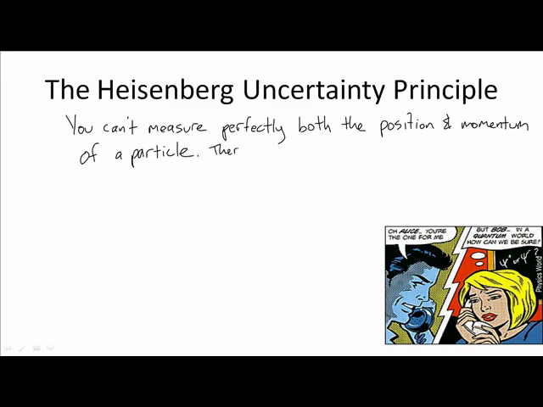So there's always some uncertainty. For big objects, it doesn't really matter. So if you try and measure the position and the velocity of a car, the uncertainty can be so small that you can ignore it. But when you're talking about things that are really small, like an electron, you're always going to have some uncertainty as to where it is. You can never say exactly where it is.